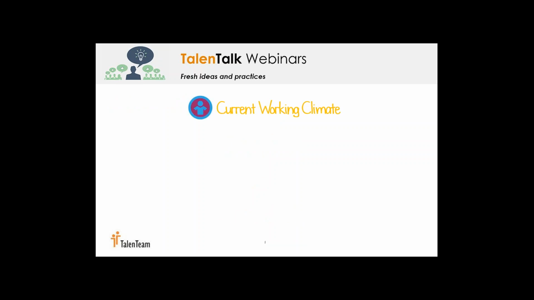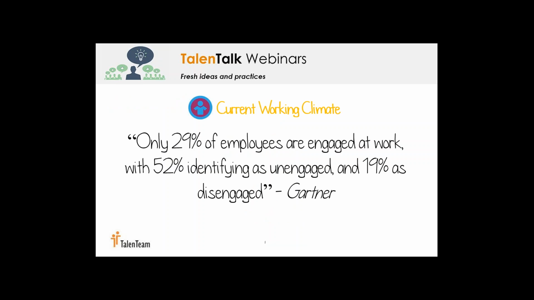Again, with that current working climate, we're seeing a number of epidemics in terms of engagement. So we're seeing a workforce that can sometimes be quite easily distracted. Engagement levels are down. So we need some means to recapture the attention and get them excited and engaged within the company and their role.